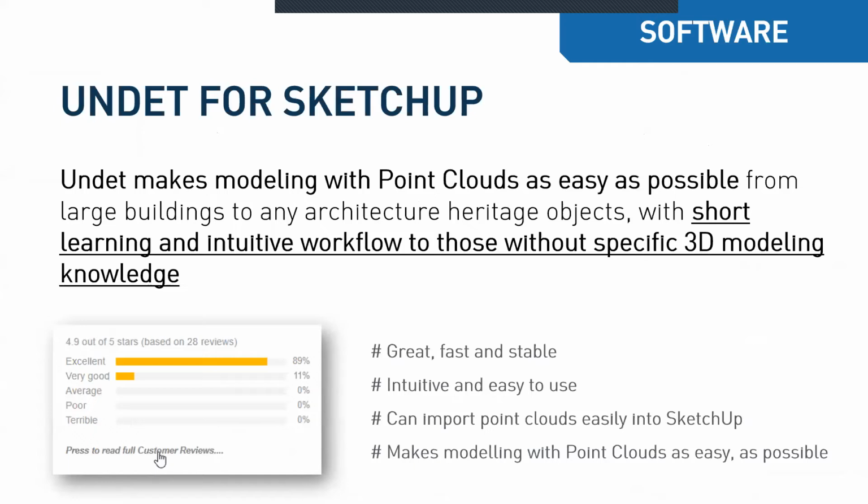And the most important, our customers confirm that it is very easy to start modeling using UNDET with SKETCHUP when you don't have specific knowledge of AutoCAD or REVIT. So if you are thinking of starting to work with point clouds and want to create 3D models very easily and very fast, you should try UNDET for SKETCHUP.